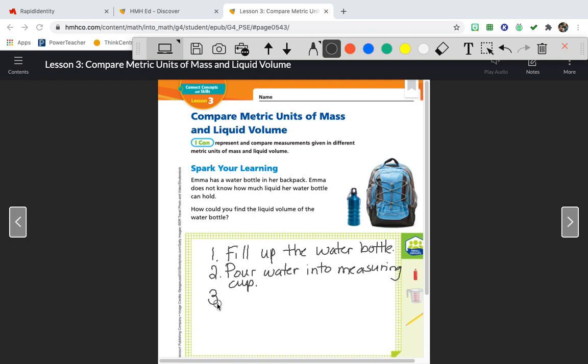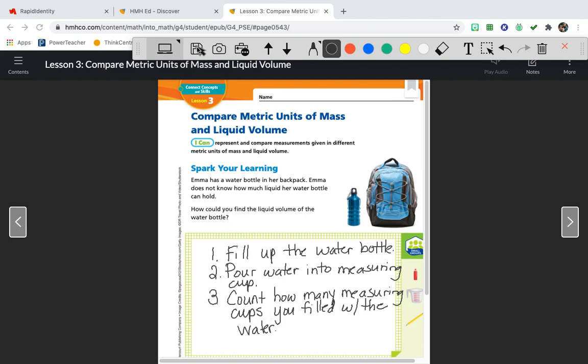So then we could count how many measuring cups you filled with water. This would give us how much liquid would go into Emma's water bottle. All right, let's keep practicing.